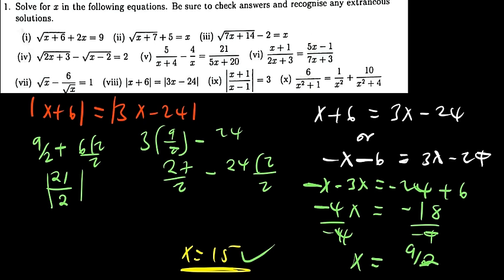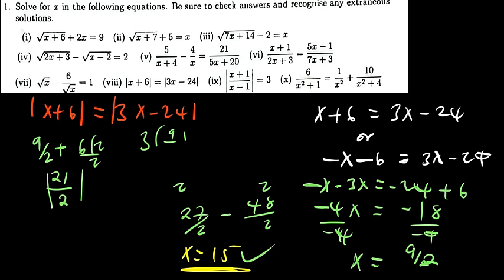Now you have got 27 divided by 2 minus 48 divided by 2. The denominators are the same, so you are going to subtract the numerators. So it's 27 minus 48, which is negative 21 over 2.